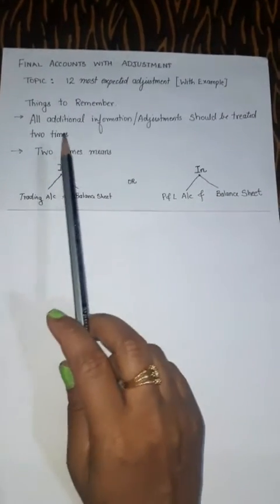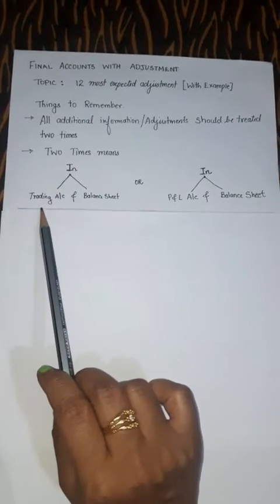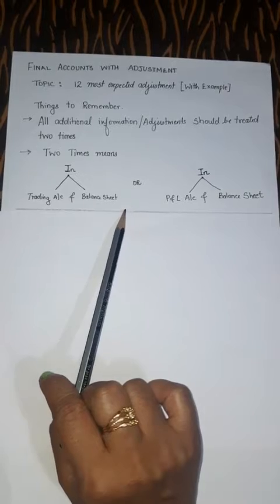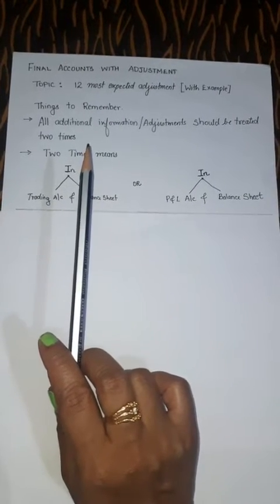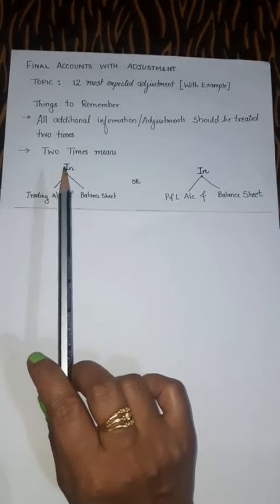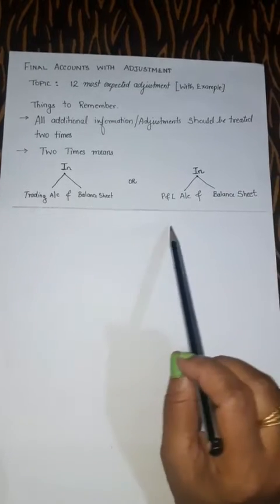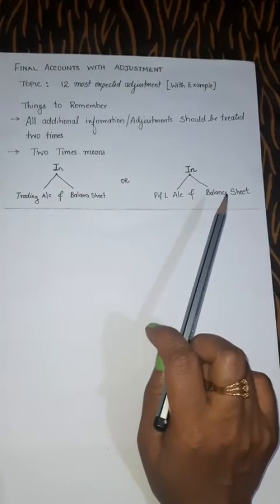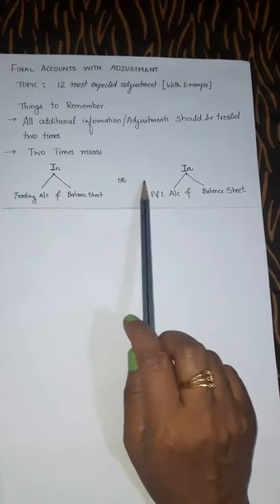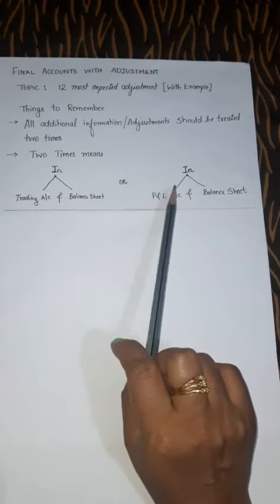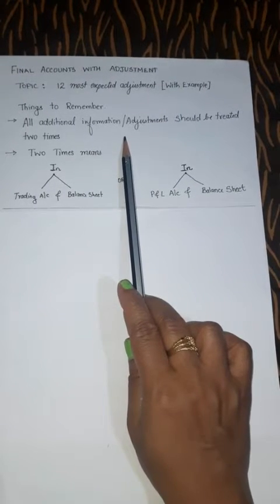Let's see what that is. 2 times means in trading account and balance sheet. So if one additional information is given to you, the posting of that item will come in trading account and balance sheet, or sometimes in profit and loss account and balance sheet. Any of these options may appear if you are doing adjustment related to final account.